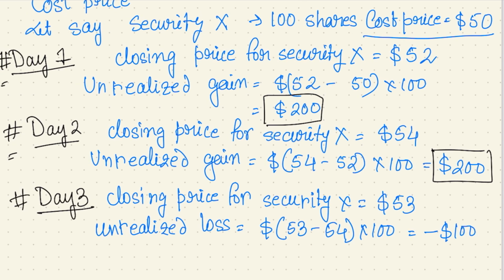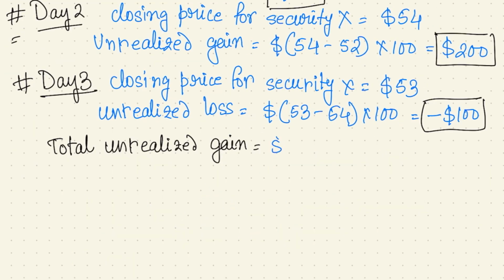On day 3, I have an unrealized loss of $100. So what is going to be my total unrealized gain and loss for these 3 days? It will be 200 for day 1, 200 for day 2 and minus 100 for day 3. So in total it will be $300, which is my total unrealized gain and loss.